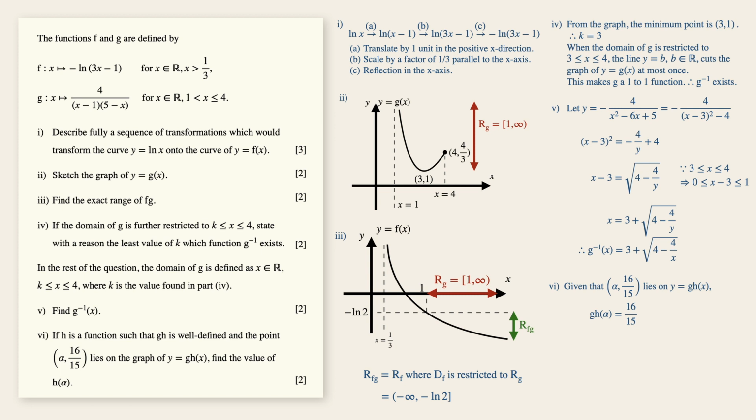Now to get the function h alone, what we can do is to introduce g inverse on both sides of the expression over here. This will safely remove the function g in front of the composite function gh. Therefore, h(alpha) can simply be found by substituting 16 over 15 into the g inverse function which we have found in the previous step.